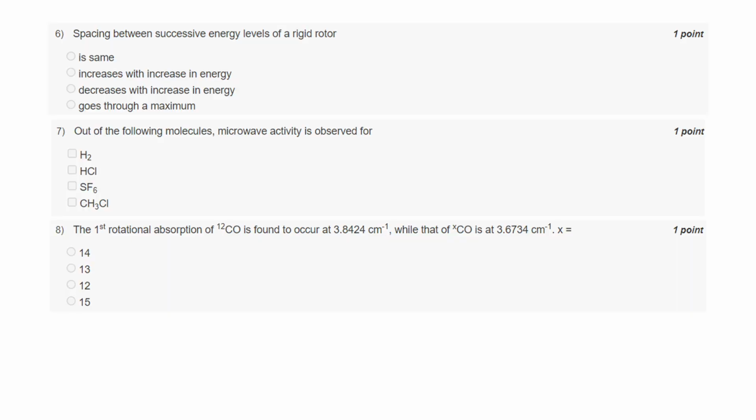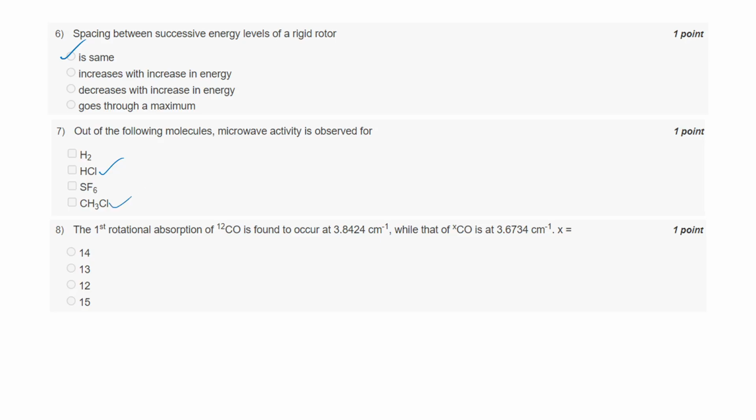We have some more problems here. The spacing between the successive energy levels of a rigid rotor is the same, what we just discussed, 2B. Why is the same question coming again and again? Anyway, out of the following molecules, microwave activity is observed for the polar molecules, HCl and chloroform.